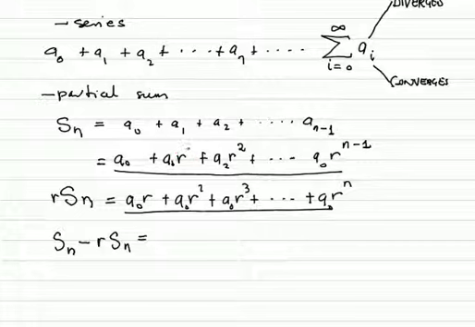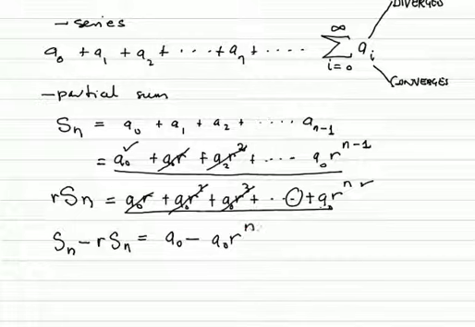For example, this one and this one add up to 0. The following two also add up to 0. This one with the next one adds up to 0, and this last one in the first row makes 0 with the one before the last term, which means we're left with this first term and this last term of the second sum. So in this case, we're left with a0 minus a0 times r to the power n.